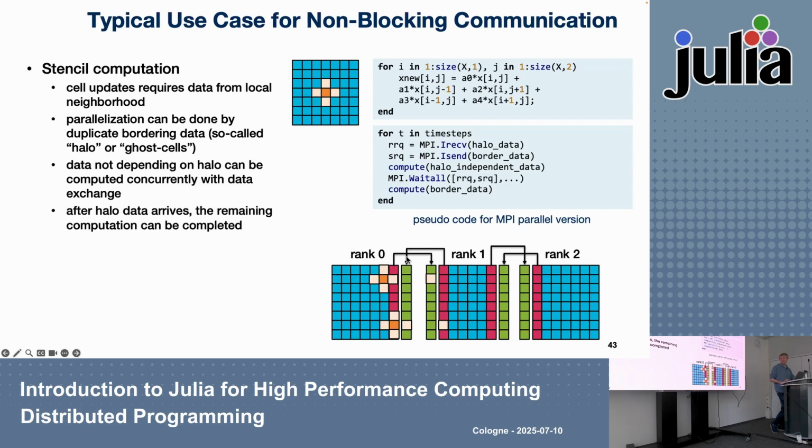And then we have to think about how we can split up, for example, this grid or some other calculation in a certain way to reduce the communication between the ranks.